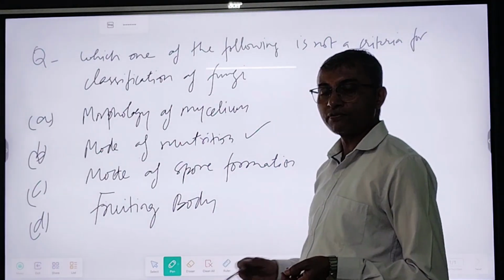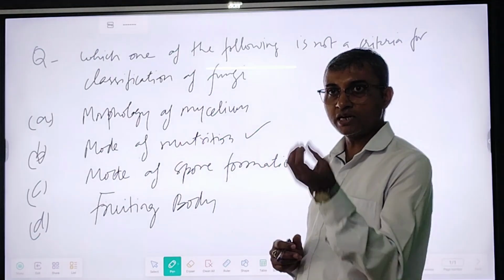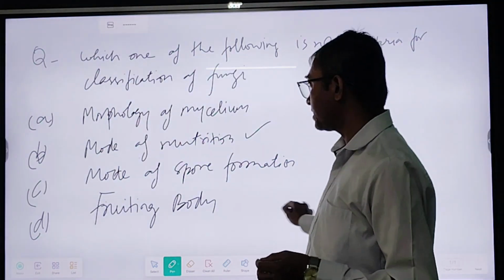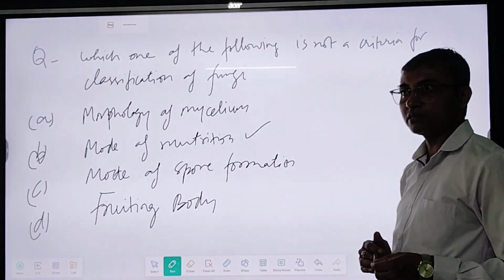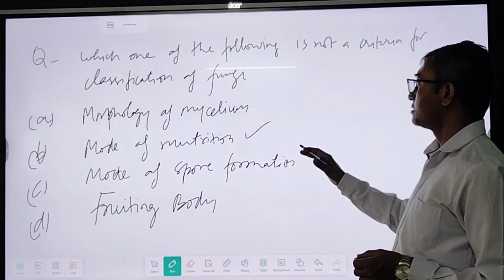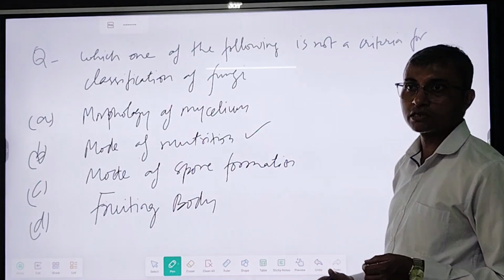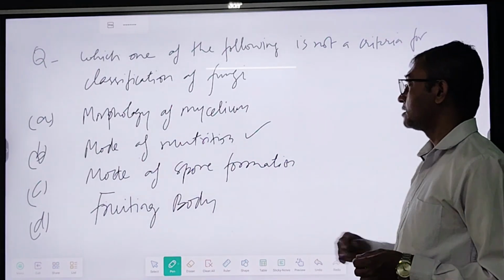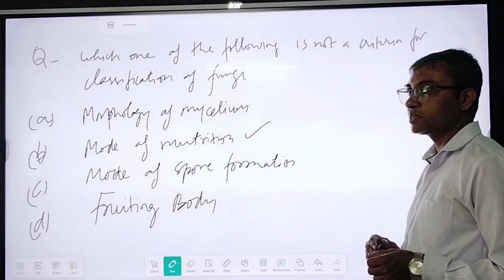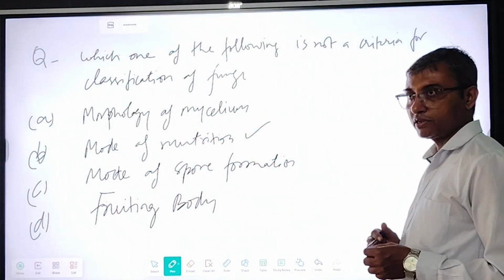And what are the fruiting bodies? The fruiting body is the main body. So all these options are included for the classification of fungi. Only the mode of nutrition is not the criteria for the classification of fungi.